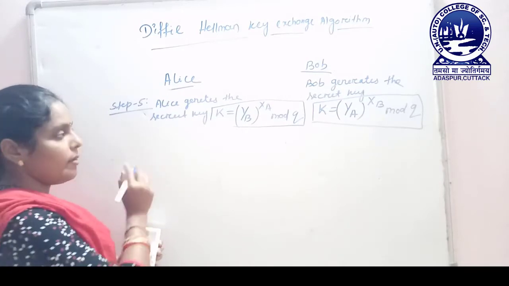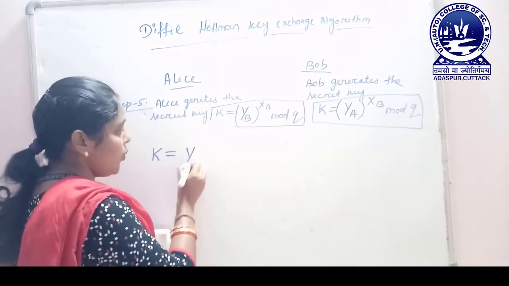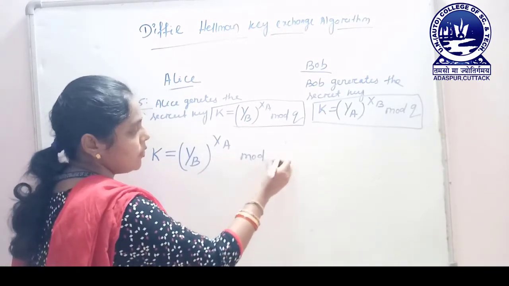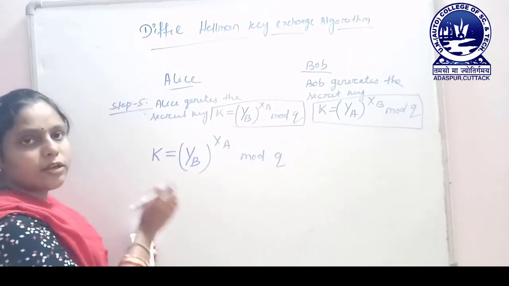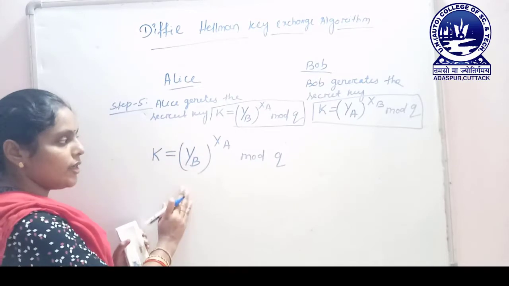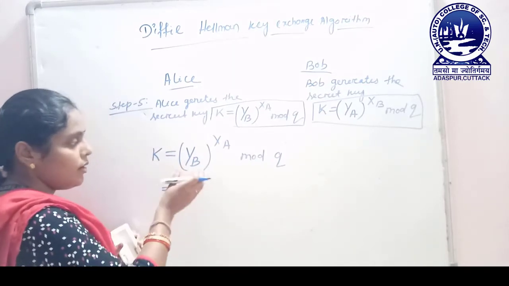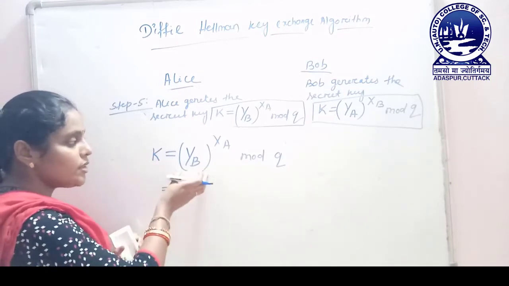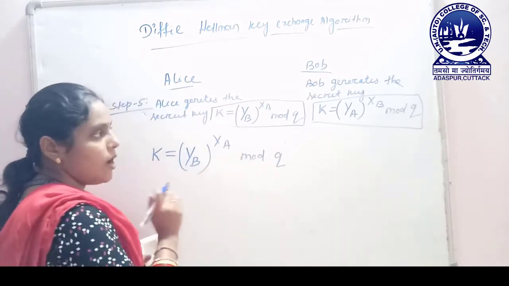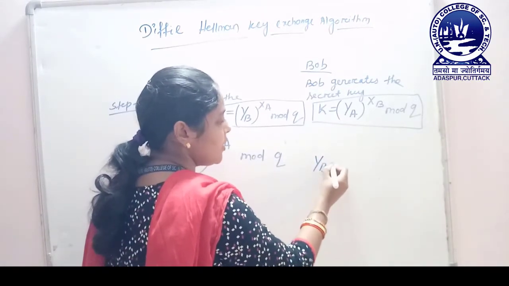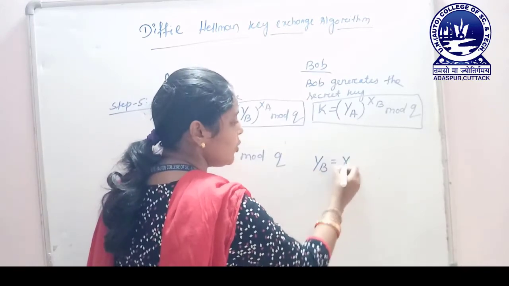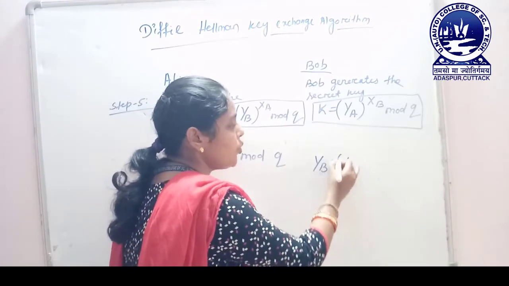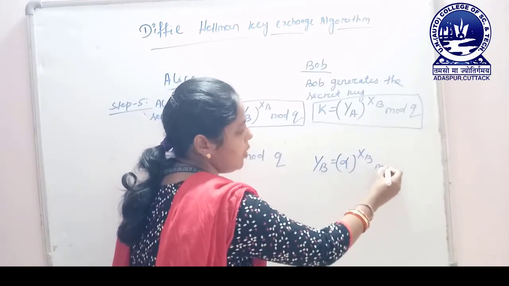Here I am taking K equal to YB to the power XA mod Q, which is the secret key generated by Alice. The value of YB is the public key of Bob, and the public key of Bob is YB equal to alpha to the power XB mod Q.